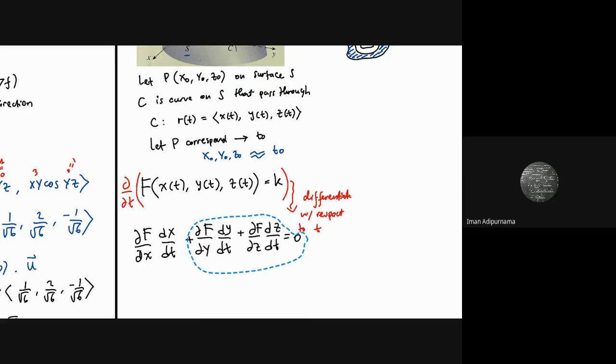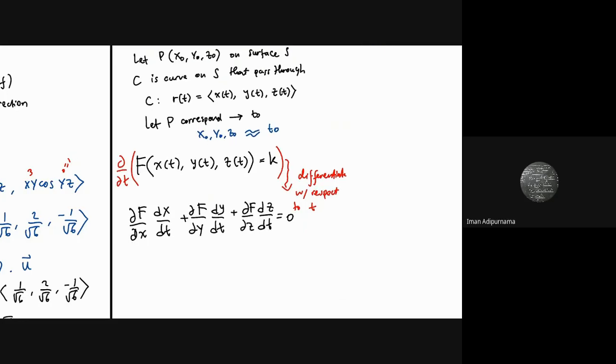Let me make it a little bit closer. Okay, now we have this expression, in which we can also look at all these partials, partial x, y, and z.